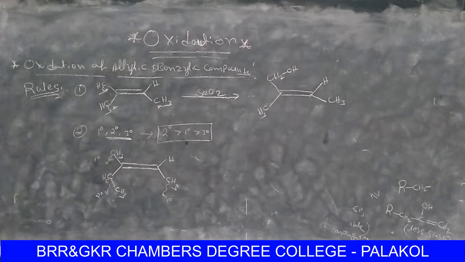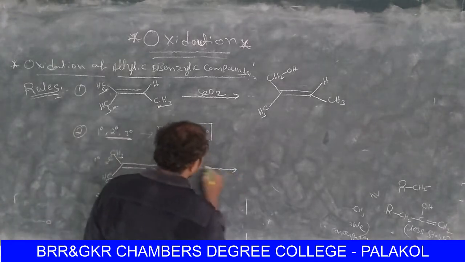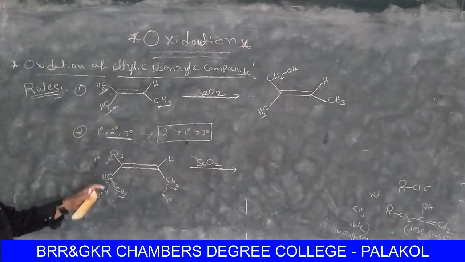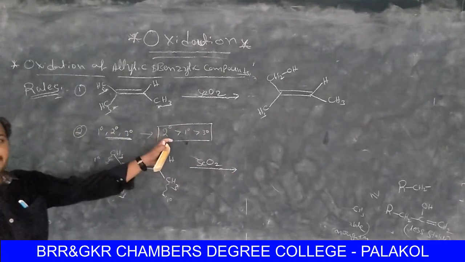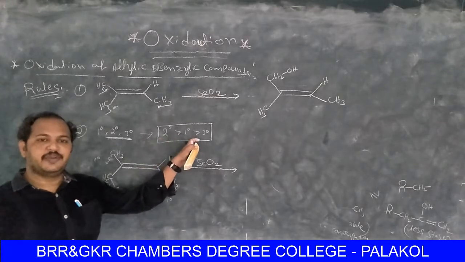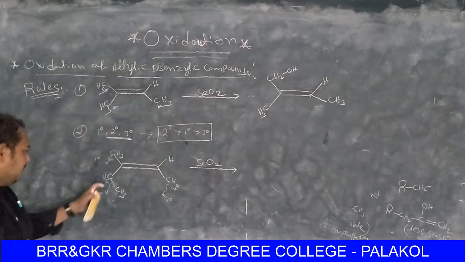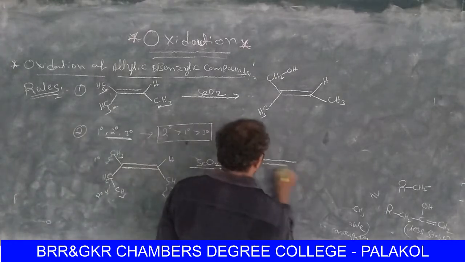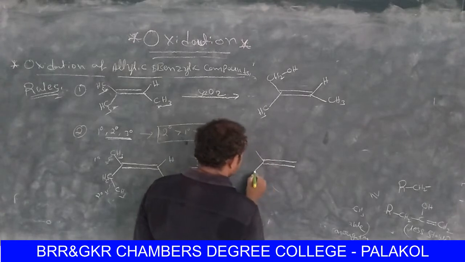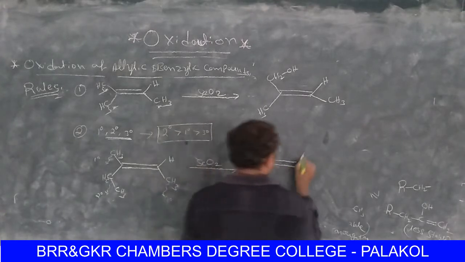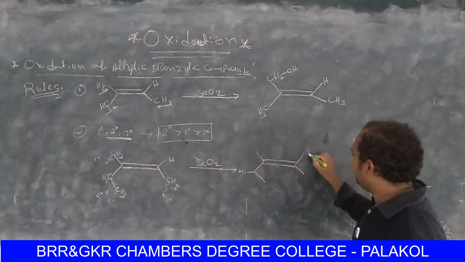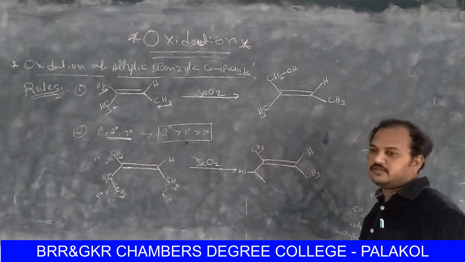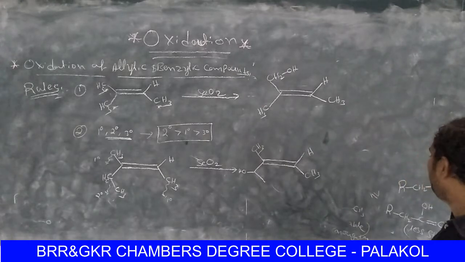But in this case, whenever we use SeO2, oxidation takes place at the secondary carbon, according to this rule: secondary greater than primary greater than tertiary. So the secondary carbon undergoes oxidation with SeO2. Then the product has OH here, CH3 here, hydrogen here, and CH3 here. So these two are not reacting, right? This is rule number 2.